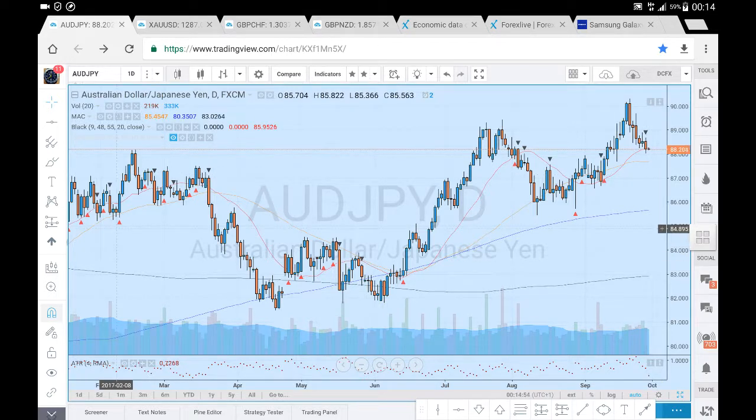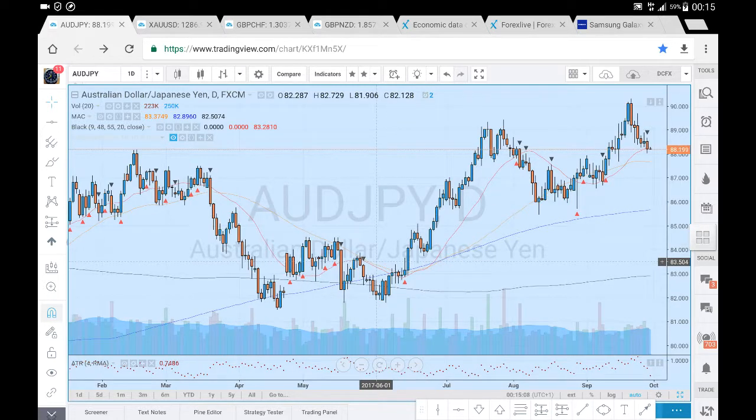Now, what have we seen on the Australian dollar, Japanese yen? Well, we had this period of consolidation here in around April to June. We posted a higher high. In June, we did have an extended run, from around 82 all the way up into 89, so a 700 pip run.